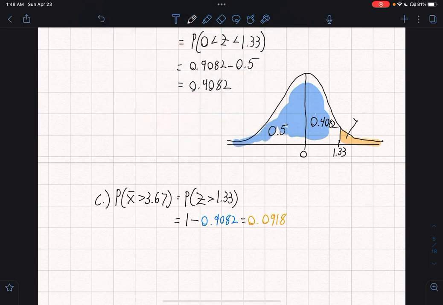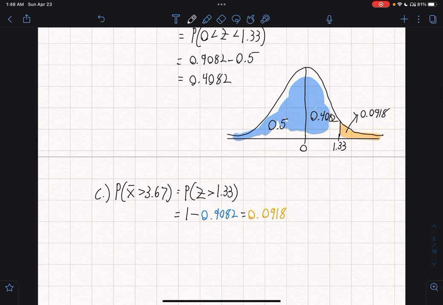So this is 0.0918. Or I could have also done this 1 minus 0.5 plus 0.4082. Those are equivalent.